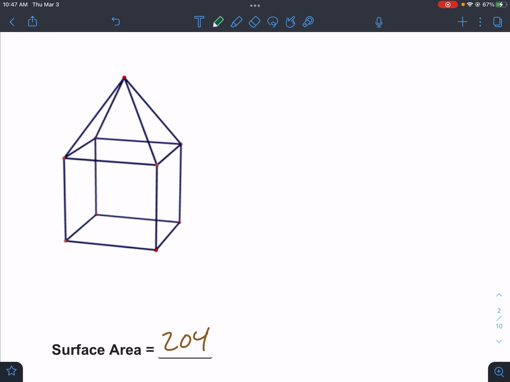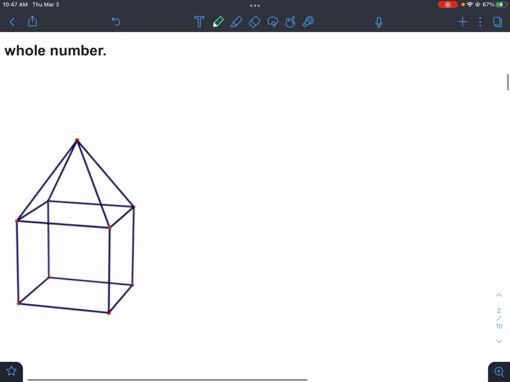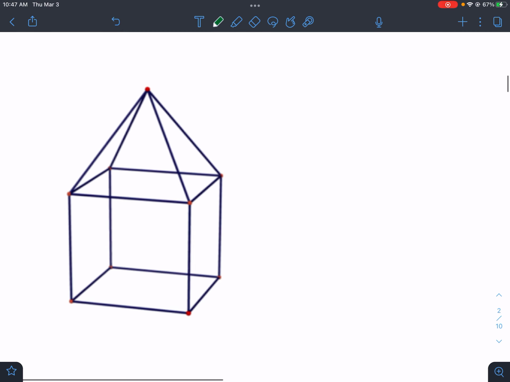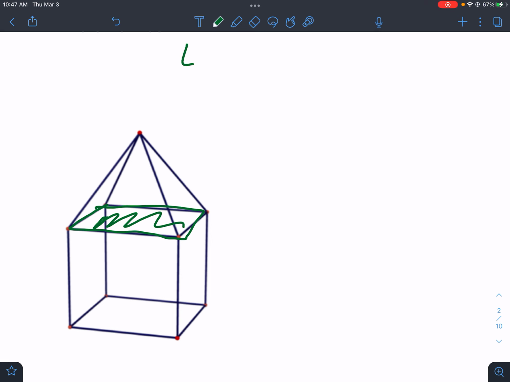So I am going to use the square as the base of my pyramid and as the base of my prism. And we are asked to find the surface area of the figure. What you need to understand is that this base is not a surface. So my plan here is going to be the lateral of the pyramid plus the lateral of the prism plus 1 base of the prism.